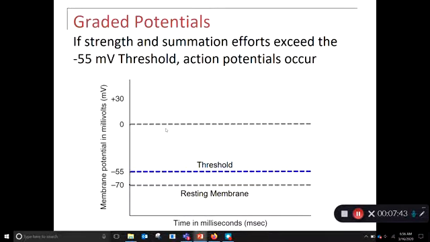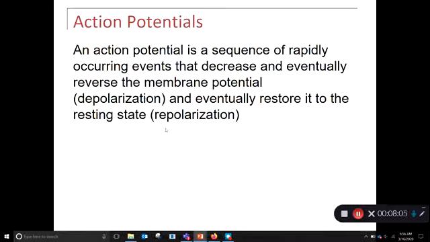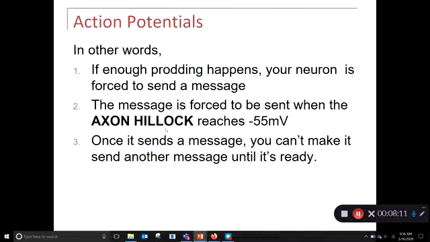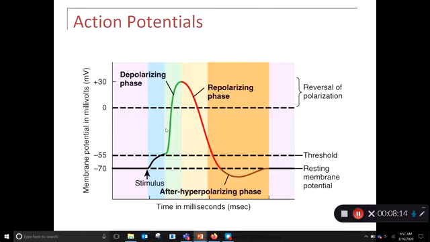So again, if a graded potential is strong enough and it gets enough buddies together, enough stimuli together, it can actually reach the negative 55 millivolt threshold where an action potential occurs. There is no going back. When the axon hillock, oh, there's that word again, receives that negative 55 millivolt change, it goes ahead and sends out that message.